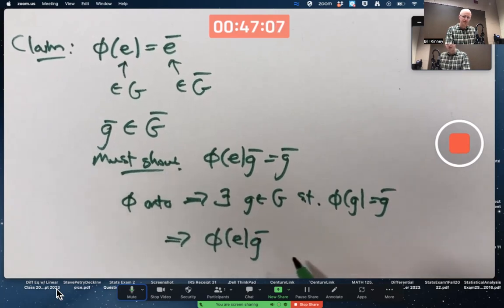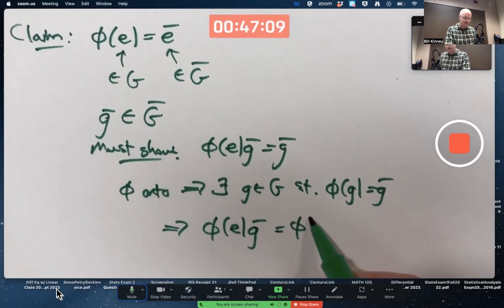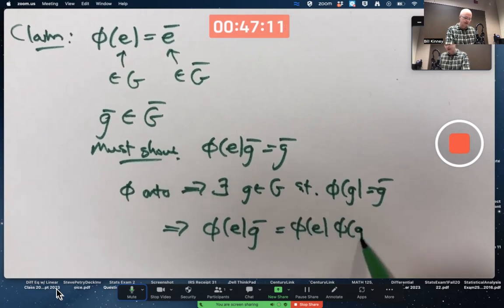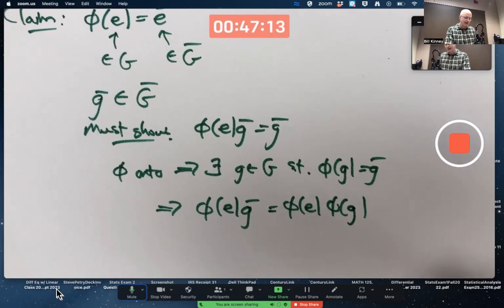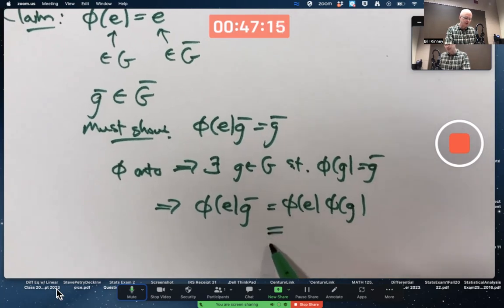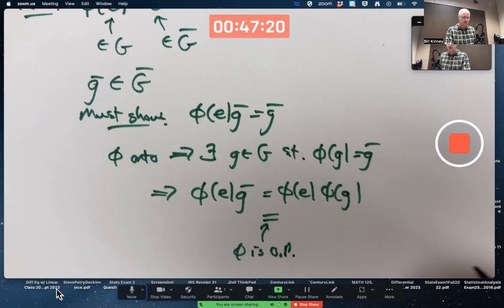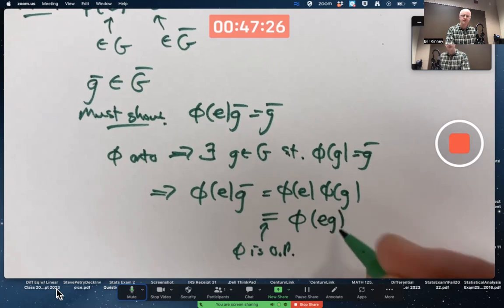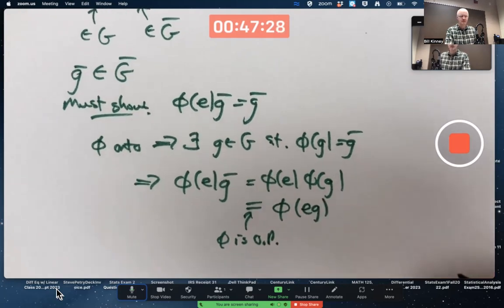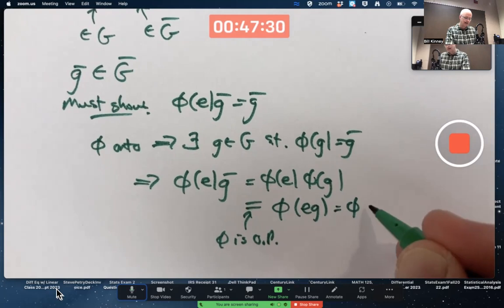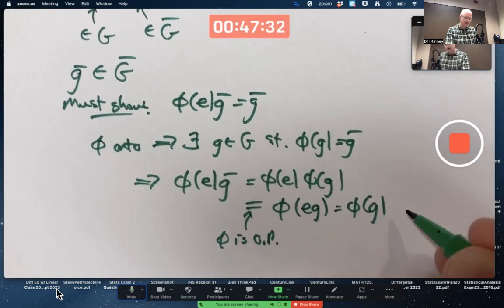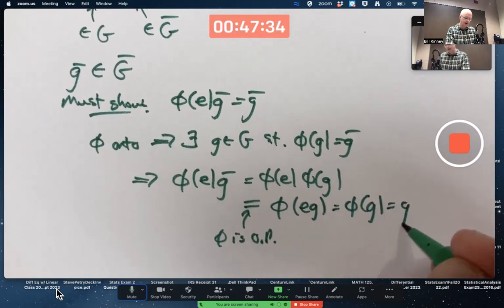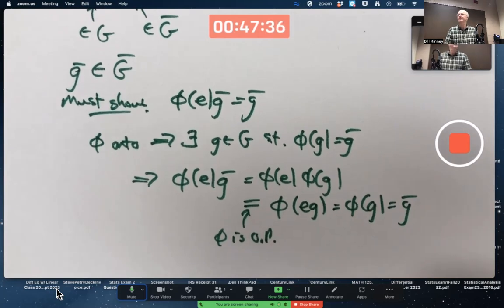That means if I multiply phi of E and G bar, I could write it as phi of E times phi of G. And then I could use the fact that phi is operation preserving. You got to use that fact somehow to write this in this way. And then E times G is G. And then by definition, this equals G bar. It looks like I've done it.